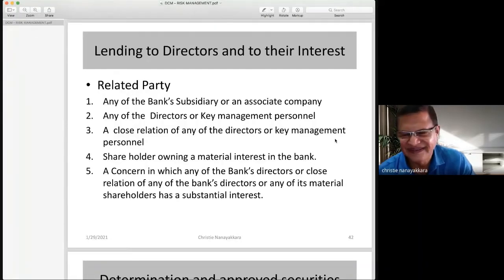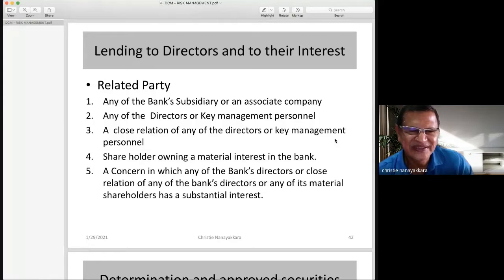Any director of a bank or key management personnel, we call it KMP, are related parties. They are your corporate management, your CEO, your deputy general managers, and sometimes your assistant general managers are called key management personnel.